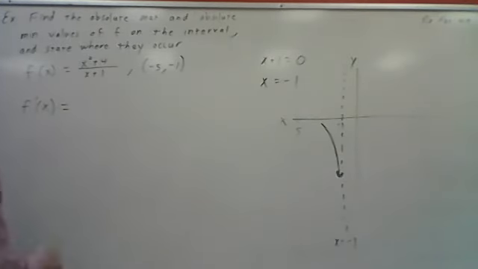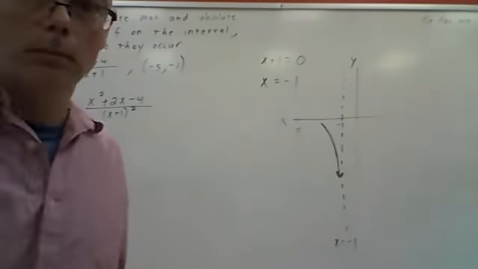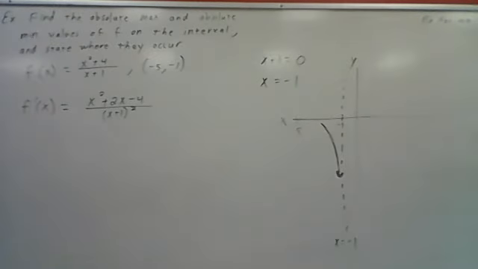According to the rules here, I've got to use the quotient rule. All right, I'm back. I cannot write out the whole derivative with all the steps here because I have very limited board space. I'm still trying to figure out this recording stuff.